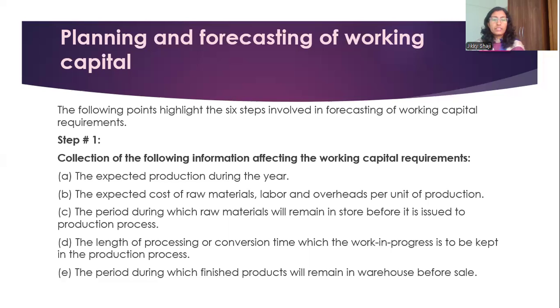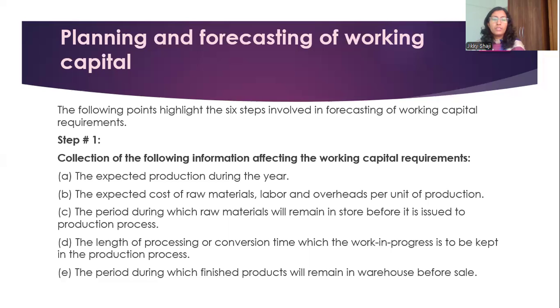Then, various things to be considered is how much time the raw material will be remaining in the store, that is in stock, before it is issued to the production process. Then, how much is the length of the production process, that is how much time it takes for the raw materials to be converted into finished product. That time will be taken into consideration.